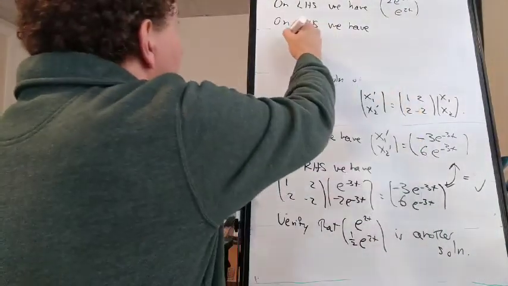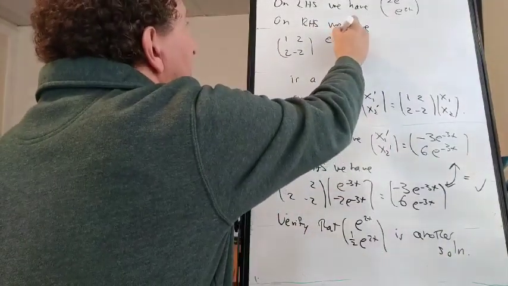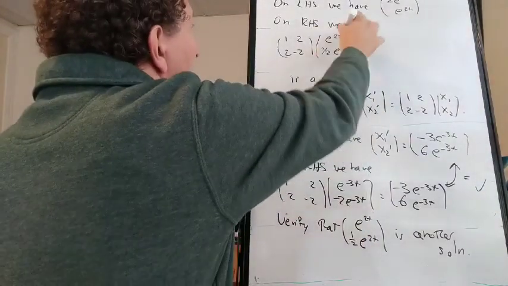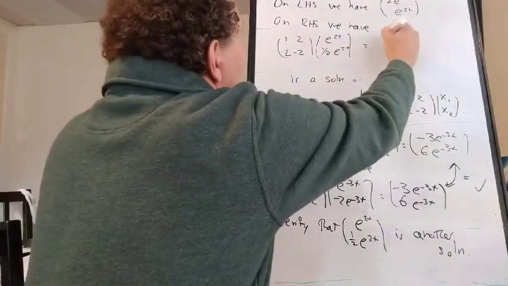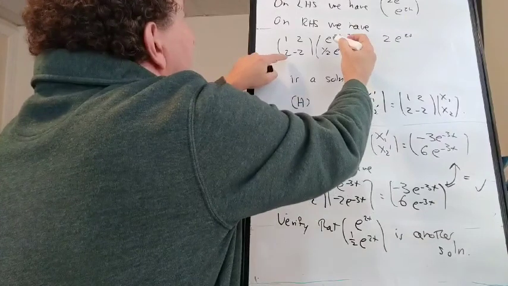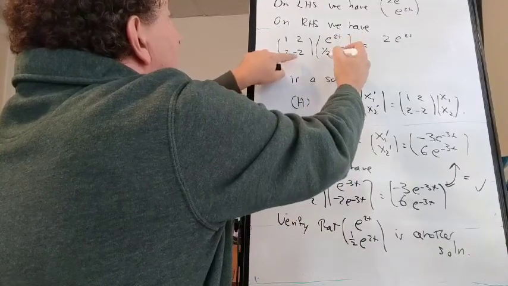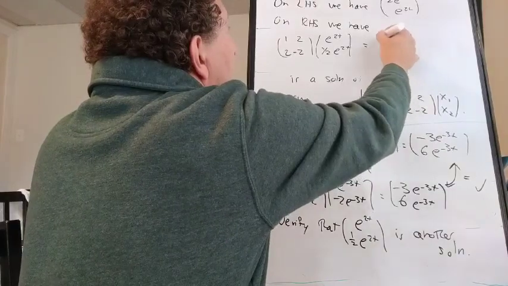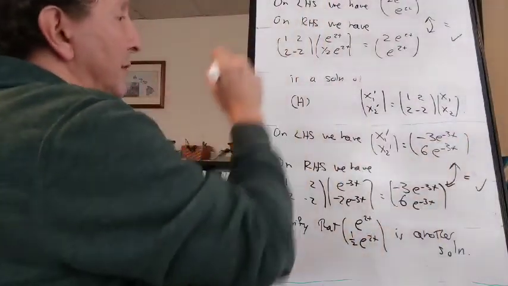Now on the right-hand side we have this matrix 1, 2, 2, negative 2 times e to the 2t, 1/2 e to the 2t, which equals e to the 2t plus 1 e to the 2t, which is 2 e to the 2t, and 2 e to the 2t minus 1 e to the 2t, 2 minus 1 is 1, e to the 2t. So those are equal, and yes, we have another solution.